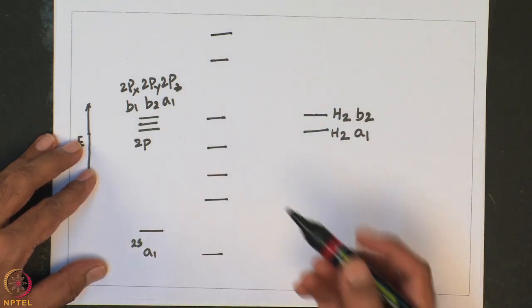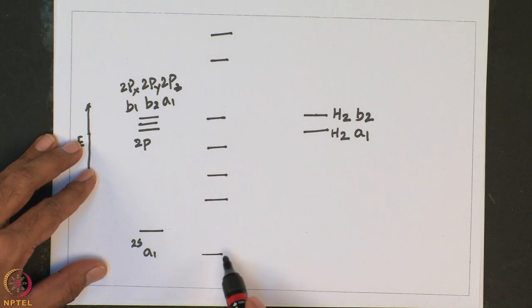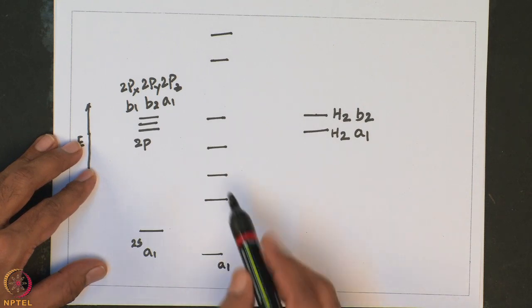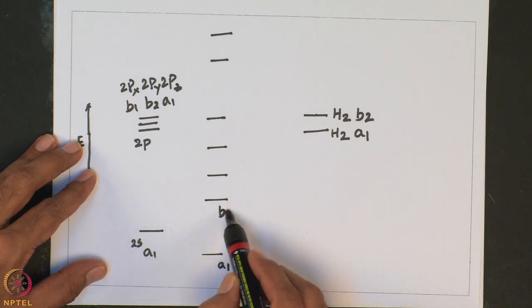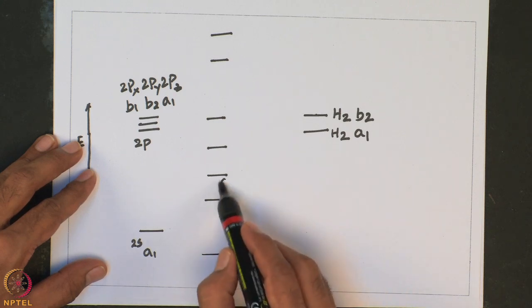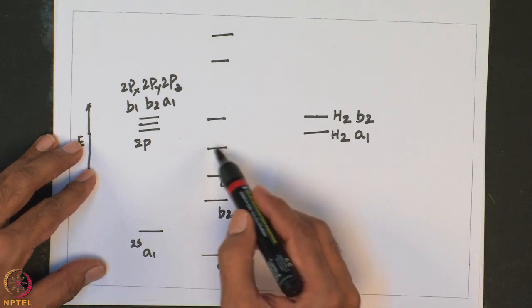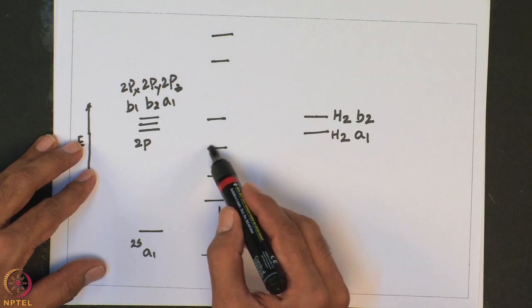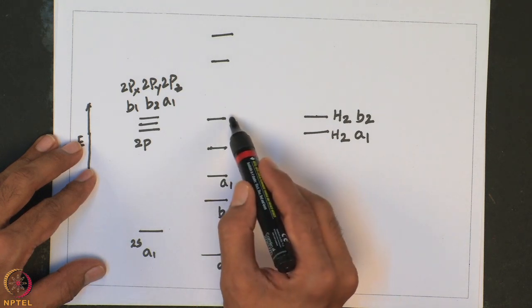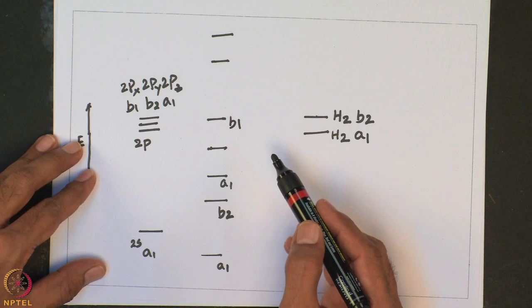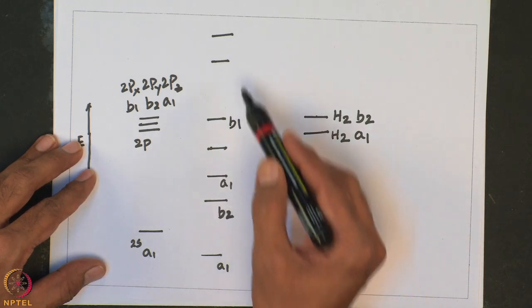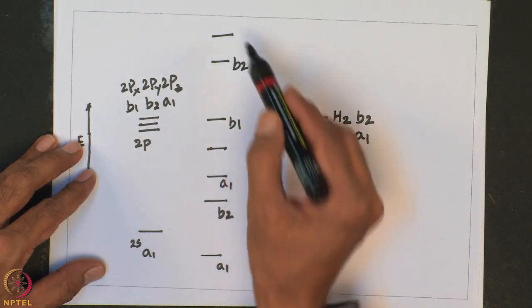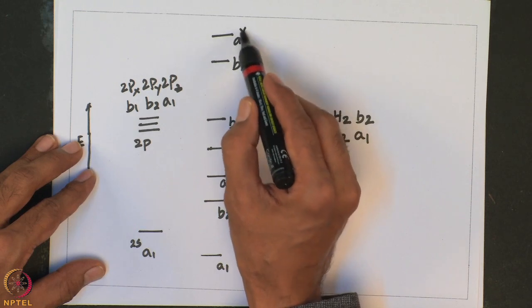So, this is A1 and this is B2 and this is A1. This is B1 and this is B2 and this is A1.